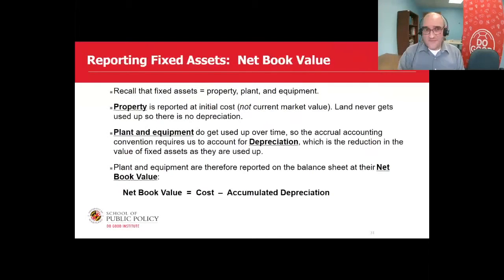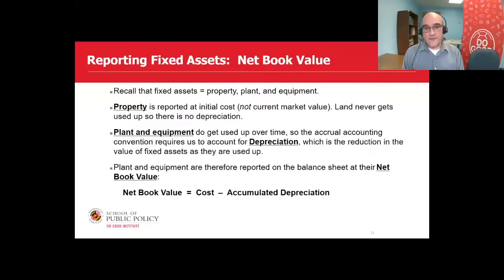Second, property, plant, and equipment need to be recorded on the balance sheet according to their net book value. Property, land, doesn't depreciate, so the value of property is just reported at its initial cost, not its current market value, but the value of land never decreases because of use.